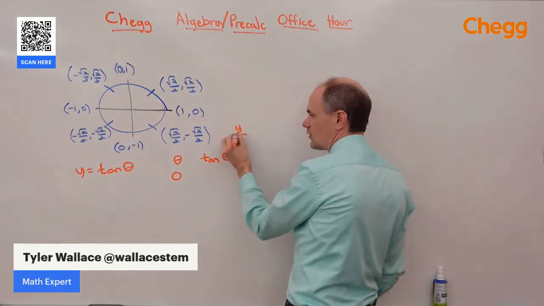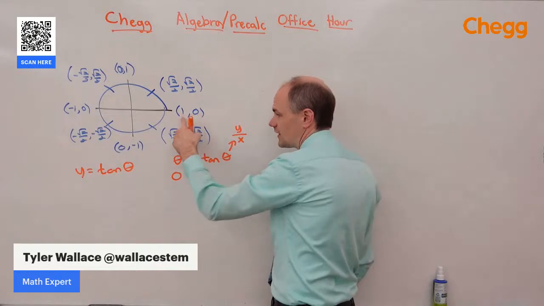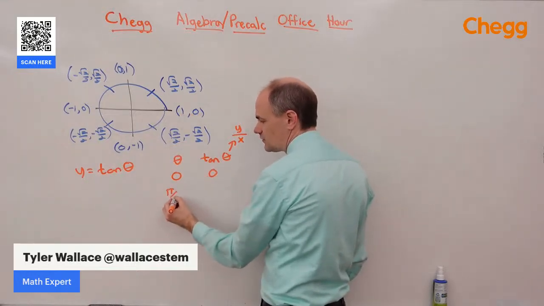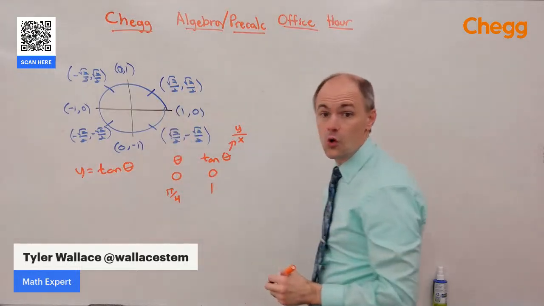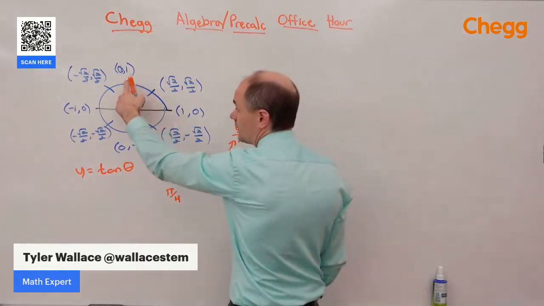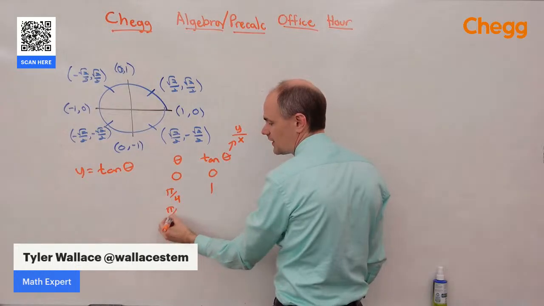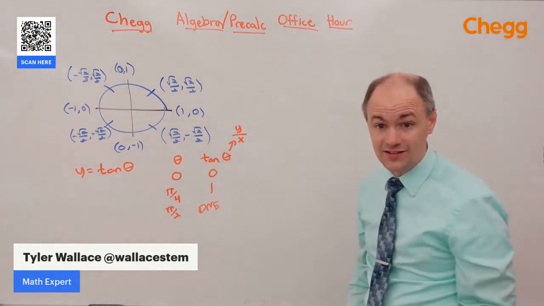Tangent is sine over cosine, or y divided by x. 0 divided by 1 is 0. When the tangent is at pi over 4, that's here, we've got something divided by itself. The answer is 1. Over here, it's undefined because I can't divide by 0. So at pi over 2, it does not exist.